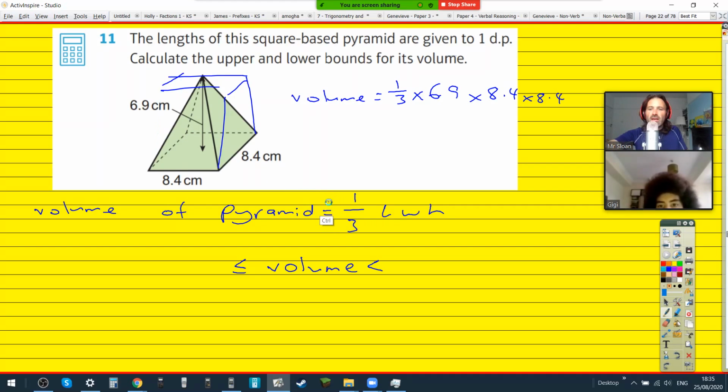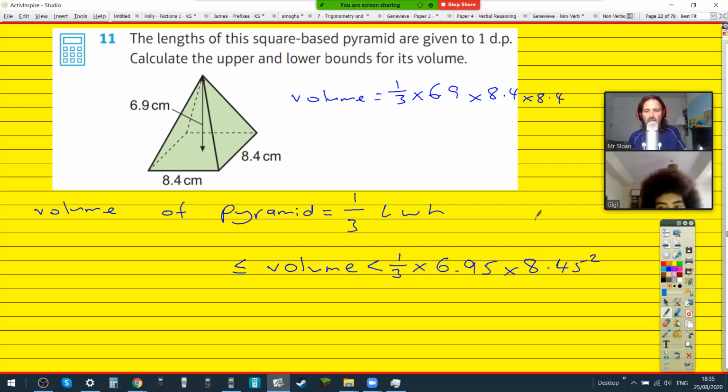So what would you find to get the upper bound of 6.9, 8.4, and 8.4? The upper bounds would be a third times 6.95 times 8.45 squared.